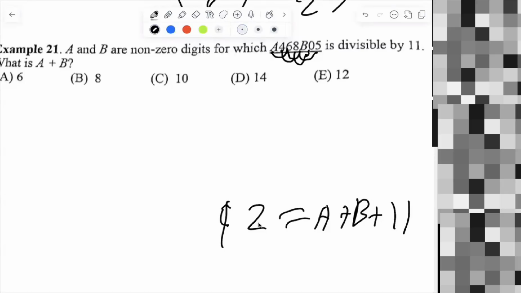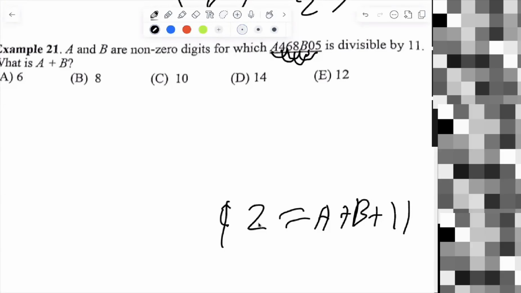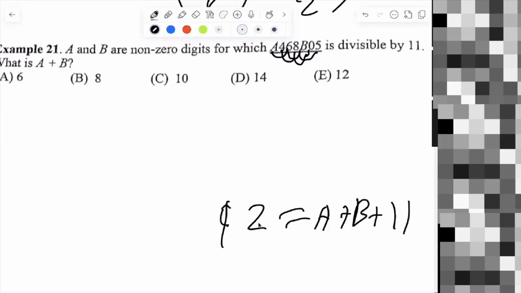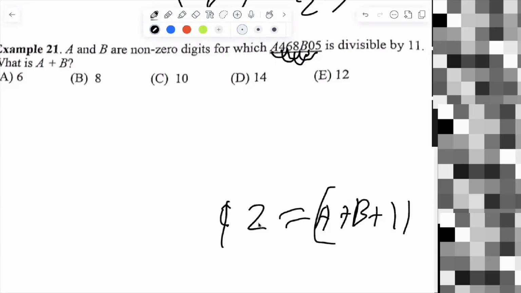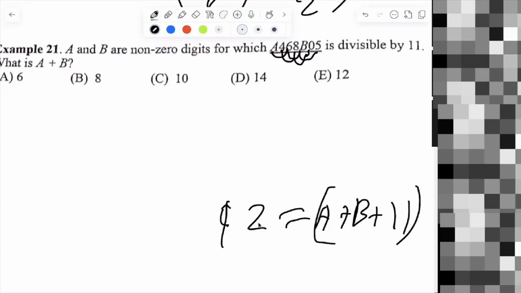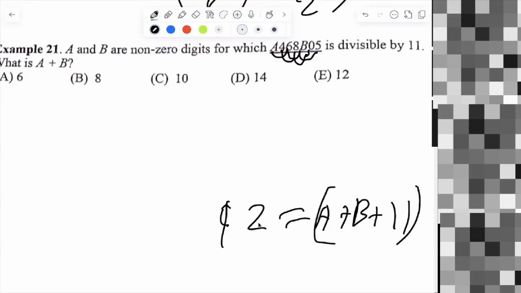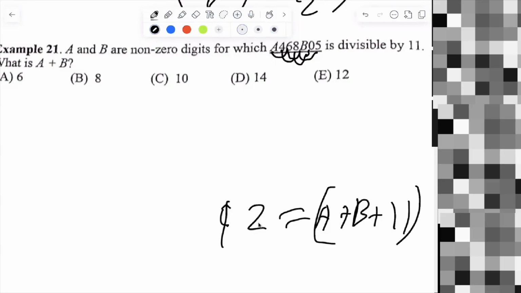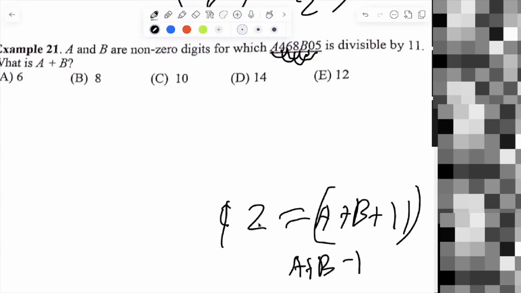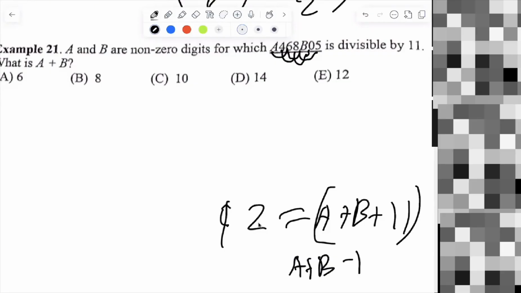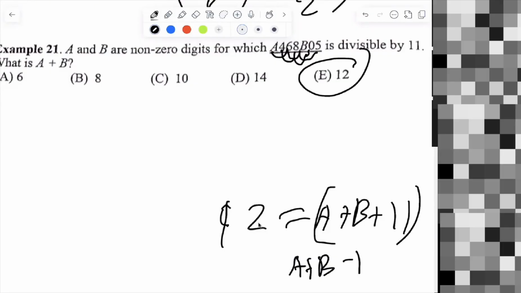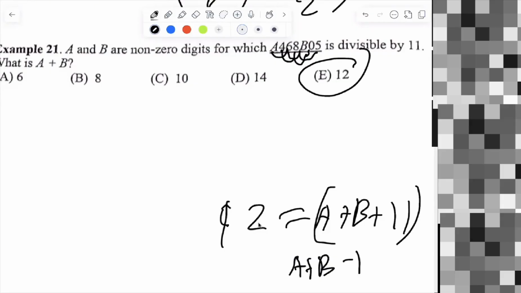Or we can say it a different way: A plus B plus 11 minus 12 must be divisible by 11. From there, it's easy to see that it becomes A plus B minus 1, which then has to be divisible by 11. From there, we get A plus B is equal to 12. So the answer is just E.